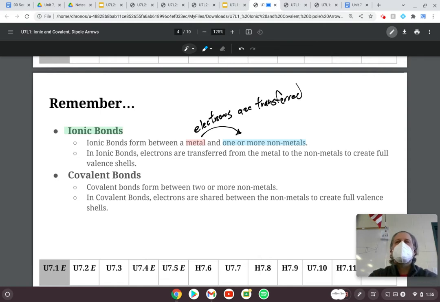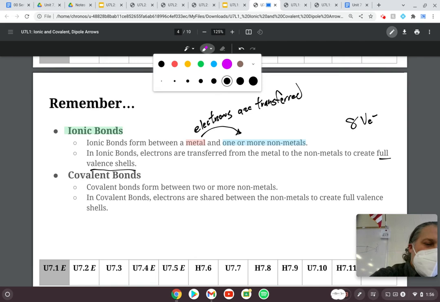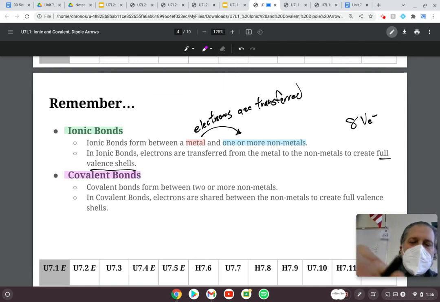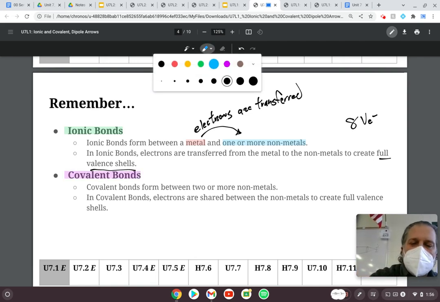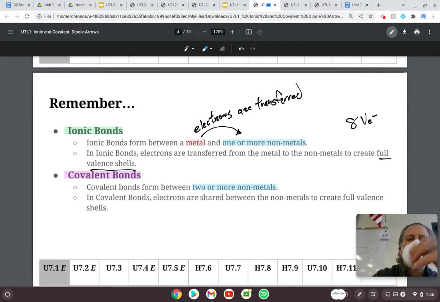And the goal of electron transfer is to create a full valence shell or to have 8 valence electrons. In a covalent bond, it's a bond between 2 or more nonmetals, and the electrons are shared.